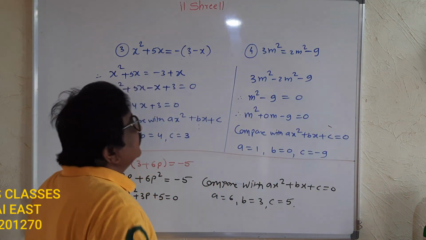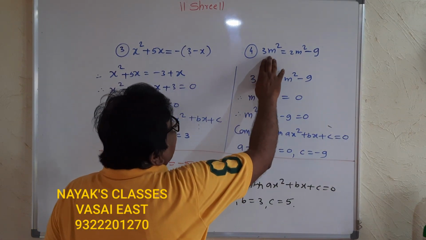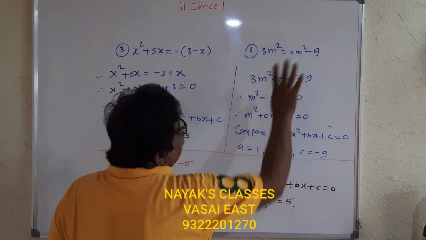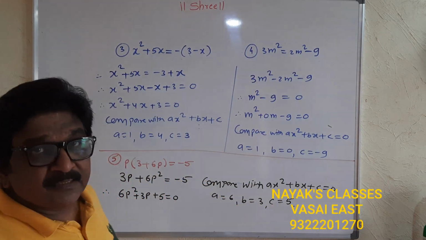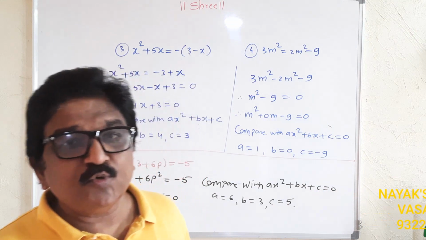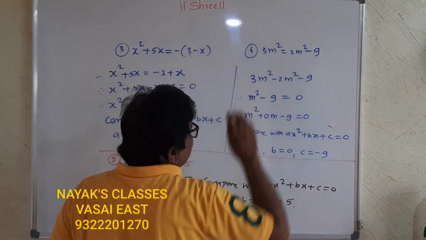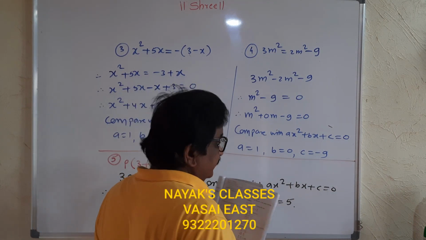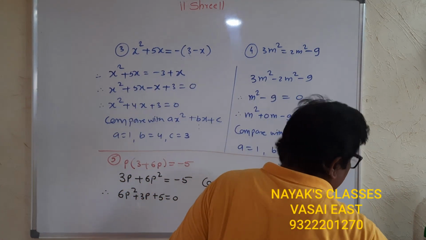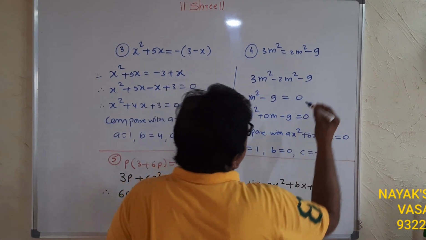Next one is 3m square is equal to 2m square minus 9. Bring all these things to the left hand side.